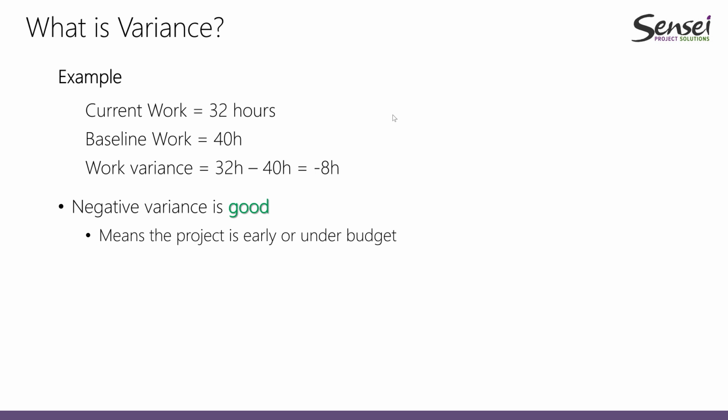And then when we have negative variance, this is good just because it means that we are early in terms of schedule or we are under budget. So that's two examples I would like to show you in terms of how the variance is calculated and how it works in Microsoft Project.